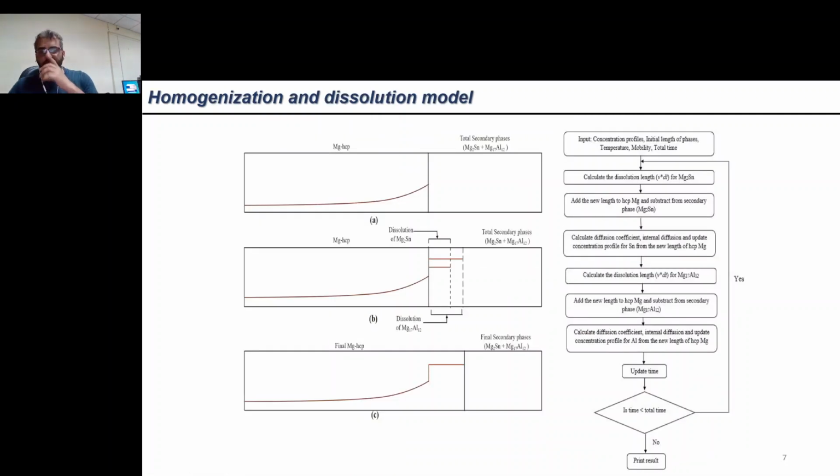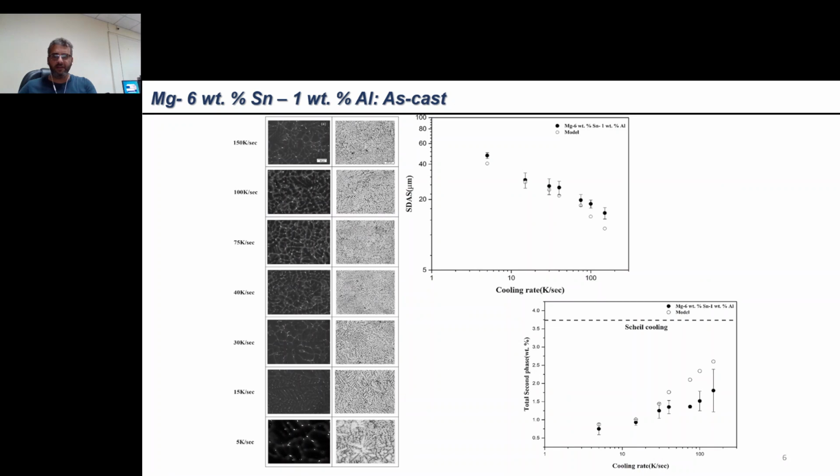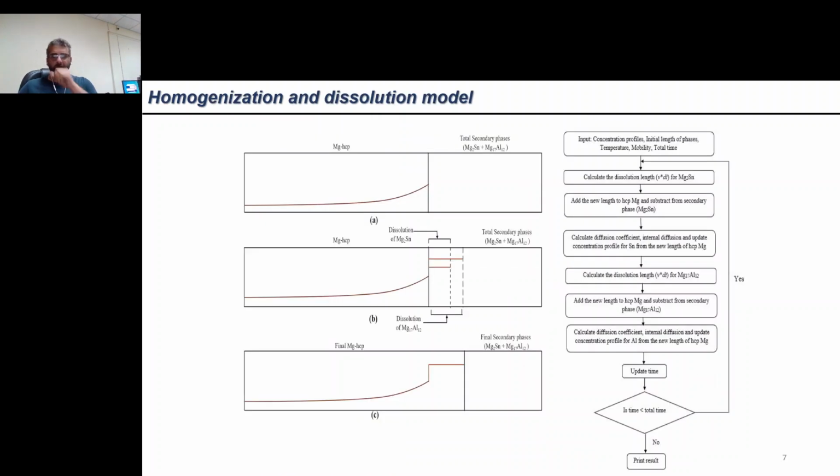Now, once we have the as-cast microstructure, we need to dissolve the secondary phases. This system is very interesting because we have two different secondary phases, Mg2Sn and Mg17Al12, or the gamma phase, which are present in the microstructure. So we have to develop a calculation scheme through which we can consider the simultaneous dissolution of both the phases.